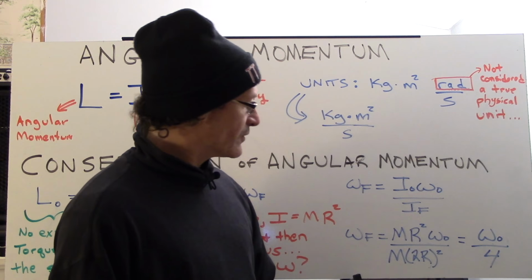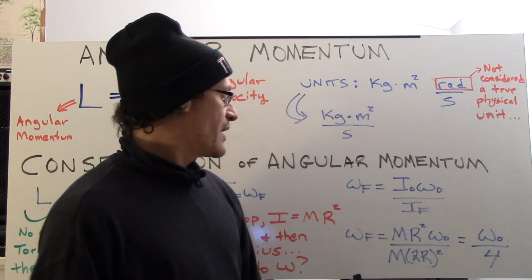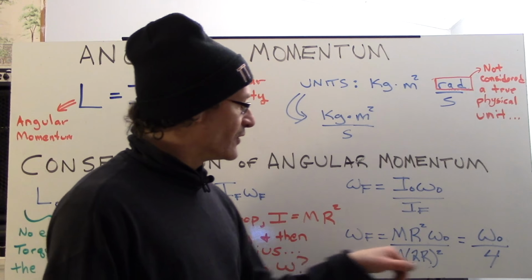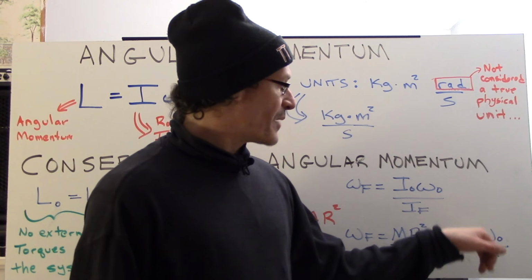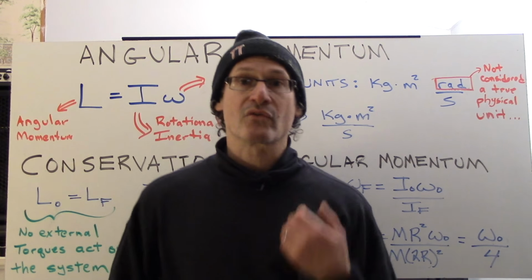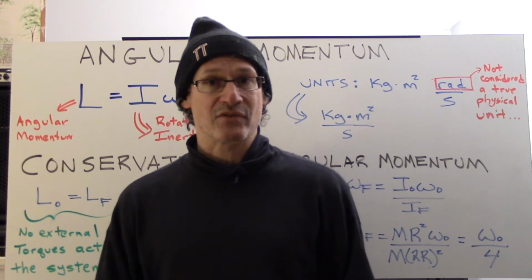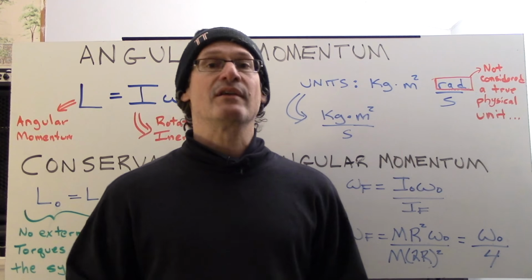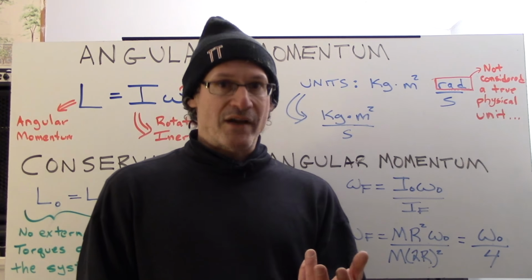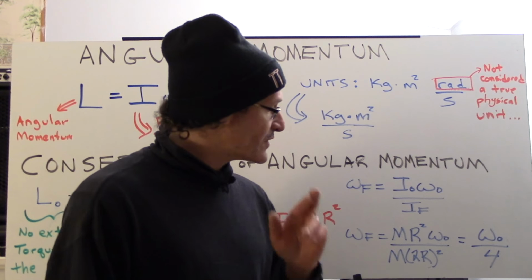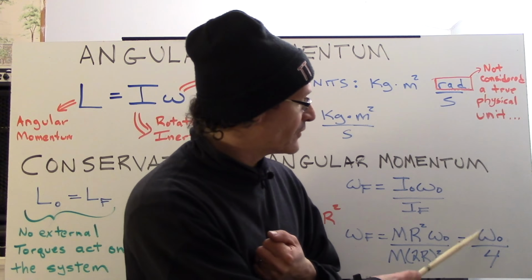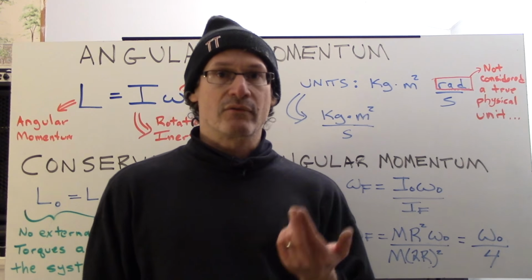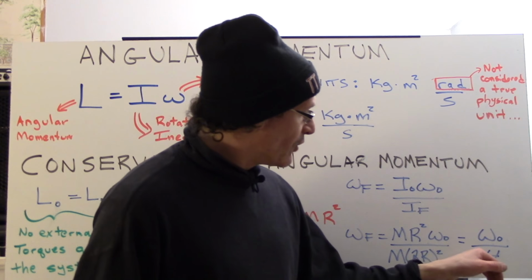The r squareds cancel, the m's cancel, leaving us with omega final equal to omega naught divided by 4. It's going to rotate 4 times slower. The rotational frequency is 4 times slower, as well as the velocity itself, knowing that omega is v over r. Okay? So that's an interesting thing.